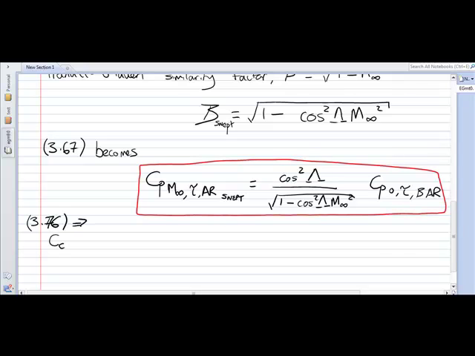We had this. So Cp, once again, just starting with the basic definition, P minus P infinity over half rho infinity U infinity squared.